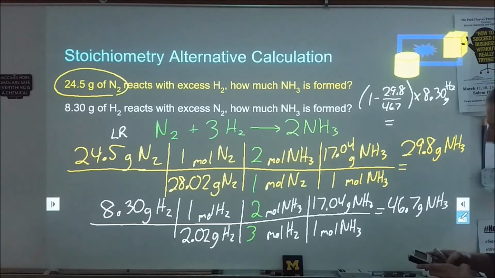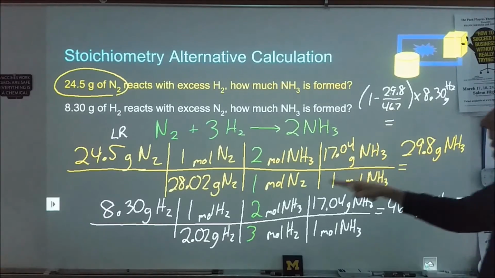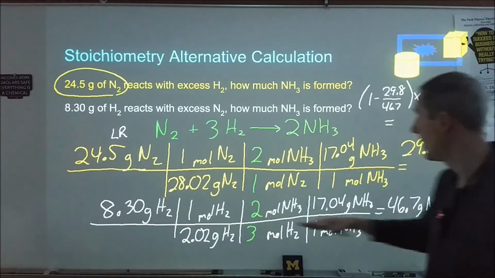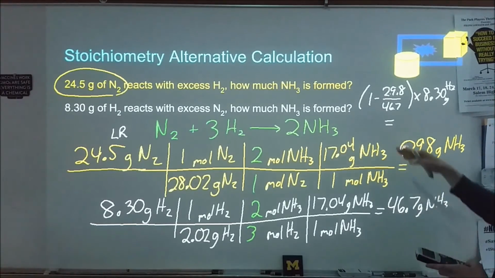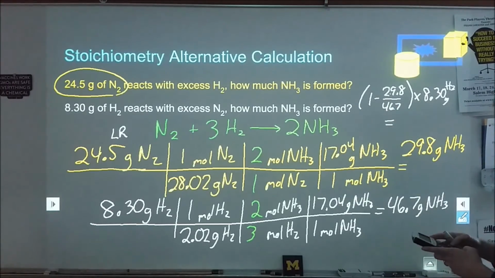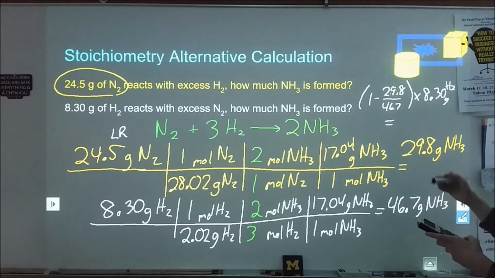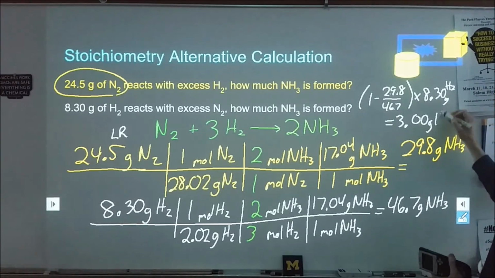If I divide 29.8 by 46.7, that comes out to be 63.8%. So 63.8% of this hydrogen gets used up, and therefore if I subtract that from 1, I have 36.2% left over. So 36.2% of 8.3 comes out to be 3.00 grams of hydrogen remaining in excess.